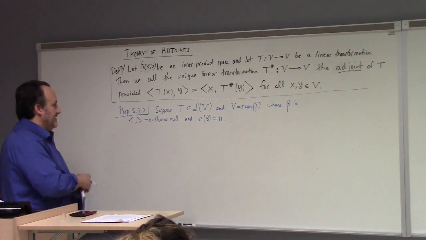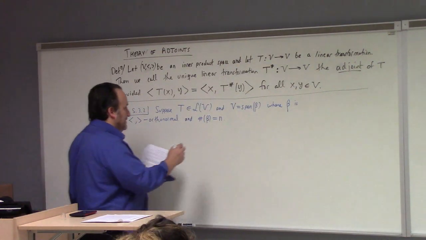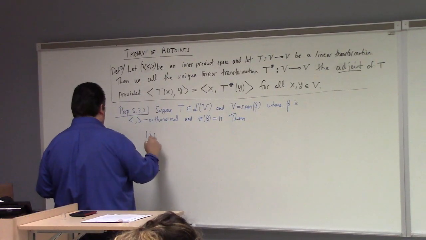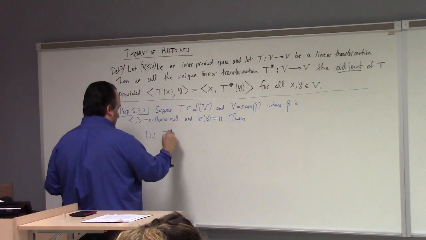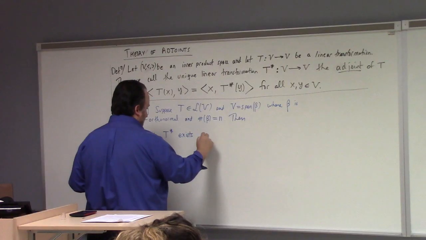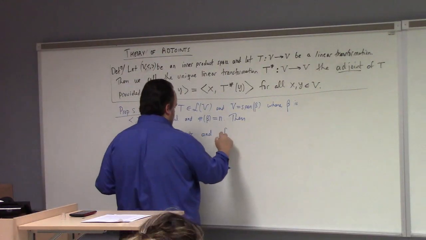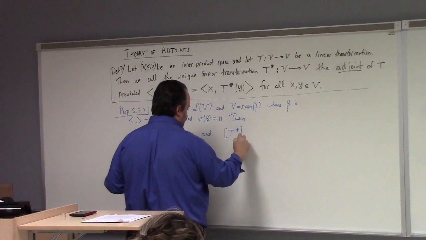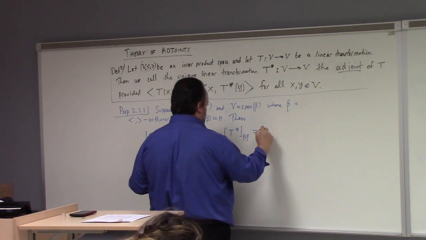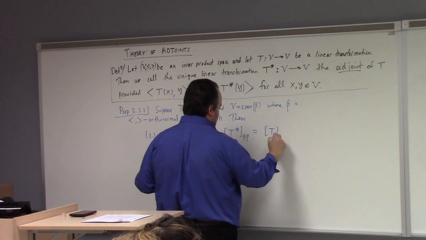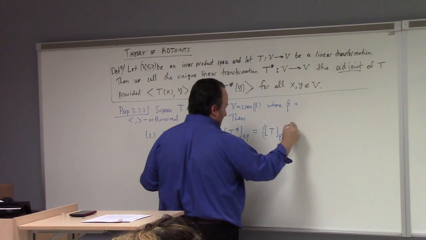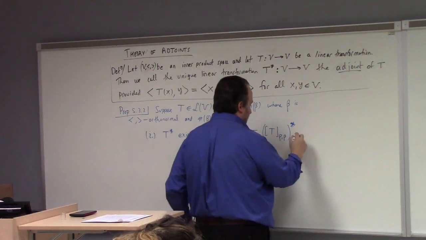Then number one, T star exists, and guess what the matrix of T star is? Lo and behold, it is the Hermitian adjoint of the matrix of T. Remember, we defined this before.